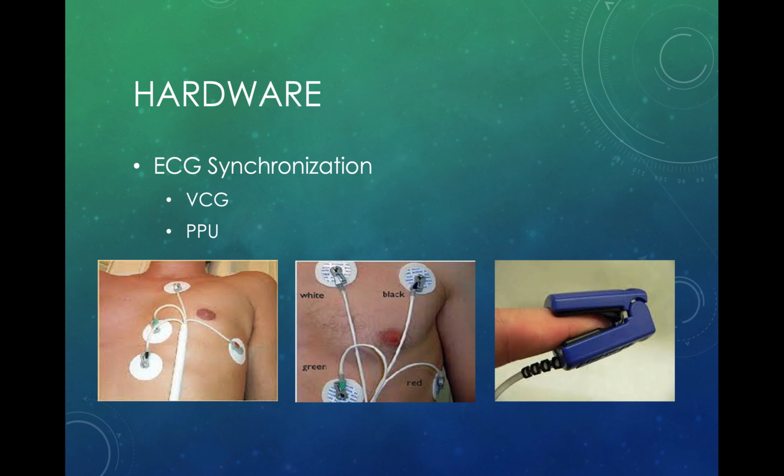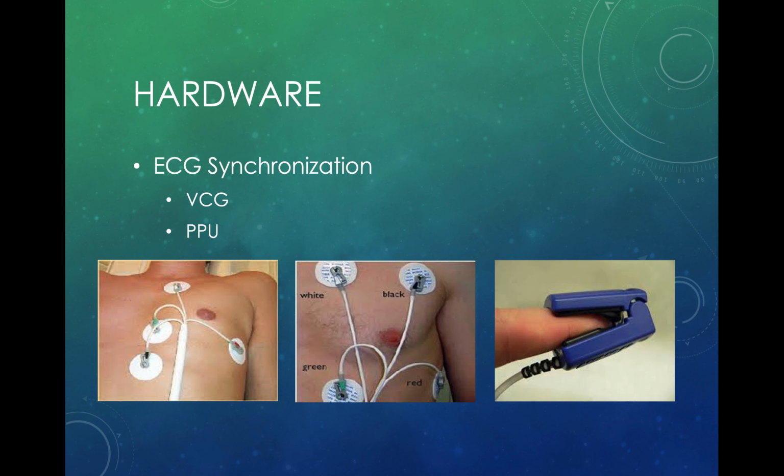For triggering, using ECG or peripheral pulse, usually the ECG or the VCG would provide you with better triggering, as the MRI scanner will be able to detect the peak of the sharp R wave. A peripheral pulse unit could be used if there are no ECG leads available for the MRI, or if there is an irregular rhythm or arrhythmia so that the scanner cannot get a good ECG triggering.